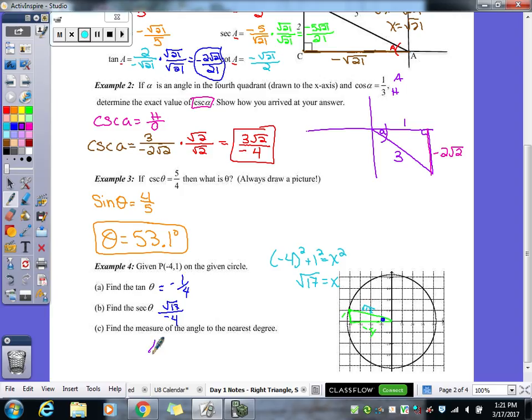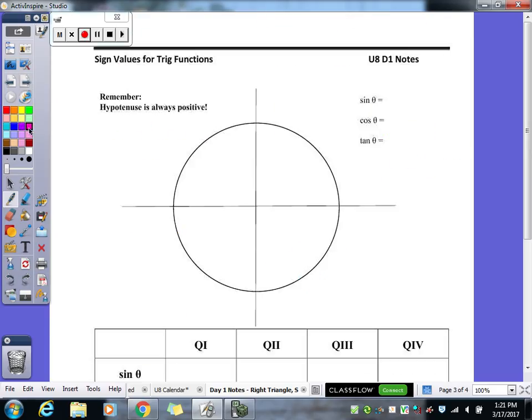Oh, nearest degree. Negative 14. It means you're just going the opposite way through the quadrants.